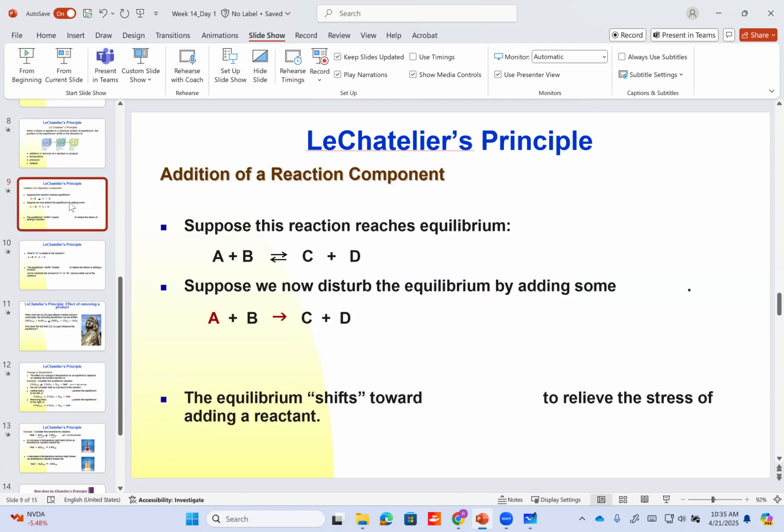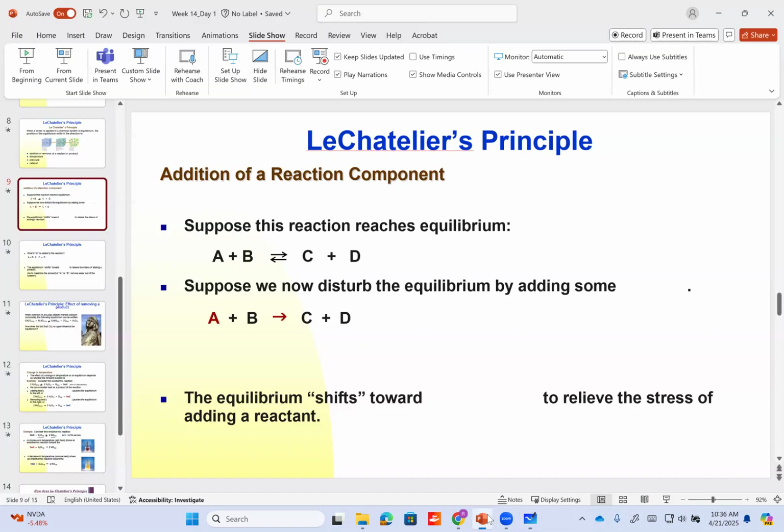All right, so the first stress we're going to talk about is addition of a reaction component. For example, if we look at this reaction right here, A plus B going to C plus D. In this PowerPoint slide, A is going to be added.